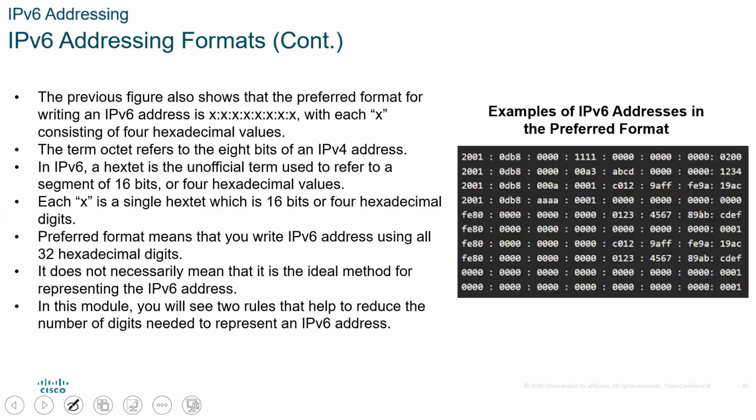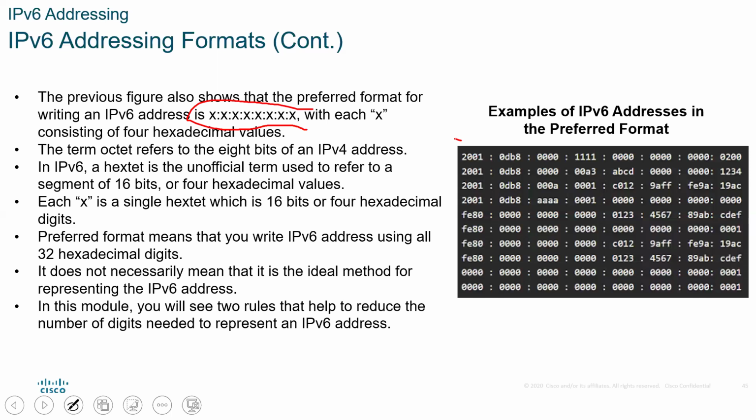Okay. Now, the previous figure shows that the preferred format for writing IP version 6 is this way, where each X consists of hexadecimal values. The term octet refers to 8 bits of an IP version 4 address.